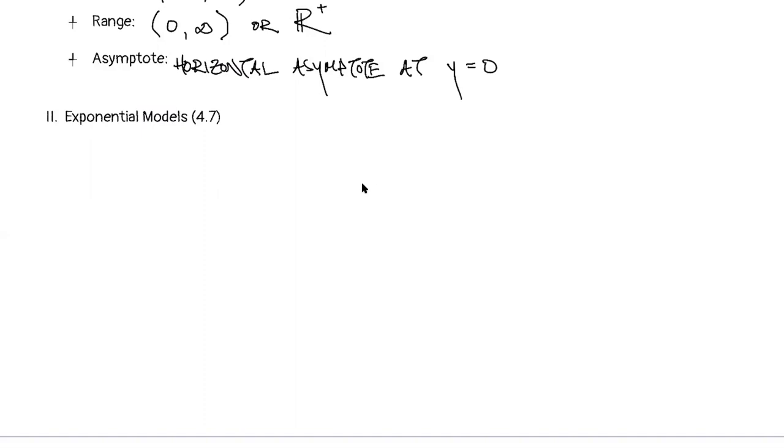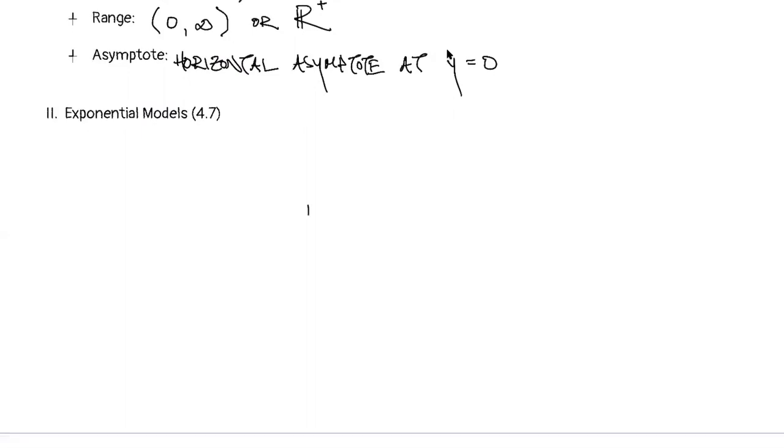So when we think exponential, what is that equation that we want to remember again? Yep, f of x equals ab to the x. Great. So we're going to write that again. F of x equals ab to the x.